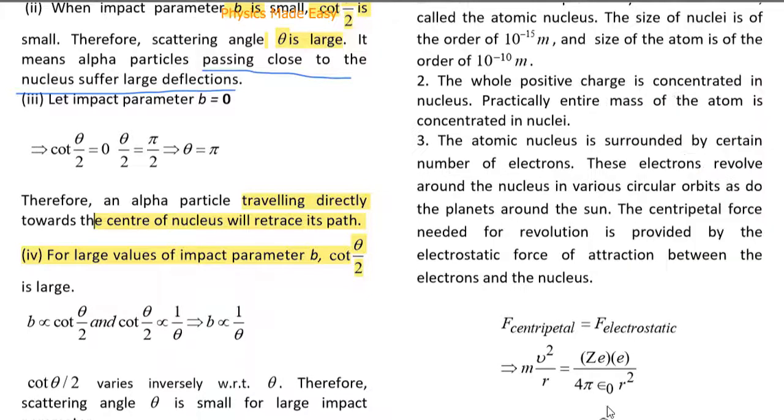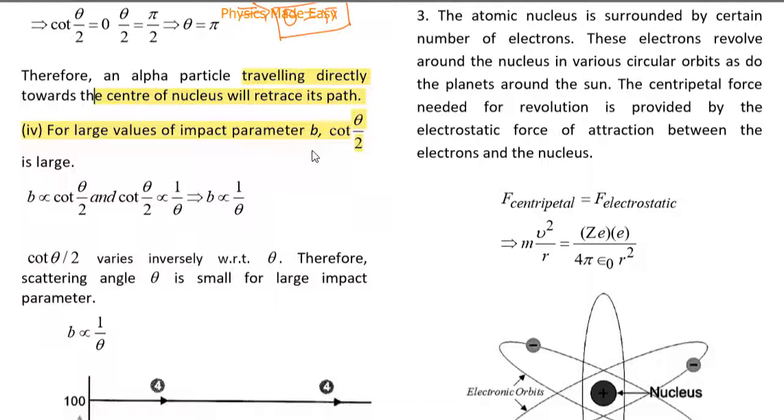Now, if B is 0, from the previous expression, cot theta by 2 is 0. This implies theta is equal to pi. Therefore, an alpha particle traveling directly towards the center of the nuclei will retrace its path.